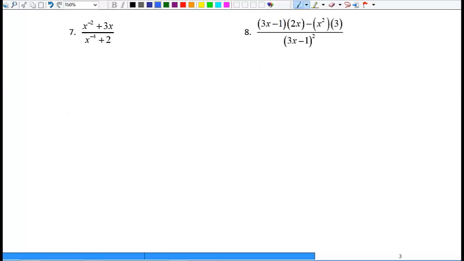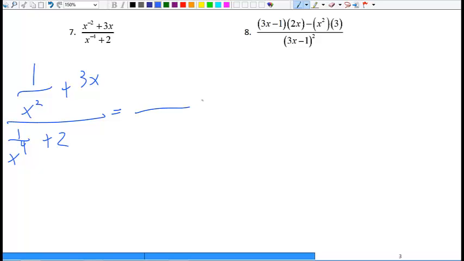Okay, a few more examples. So we've got negative exponents again, so we want to do that same thing, bring the exponent down and then try to find a common denominator. So this is 1 over x squared plus 3x over 1 over x to the 4th plus 2. We're going to set the numerator to have a common denominator of x squared.